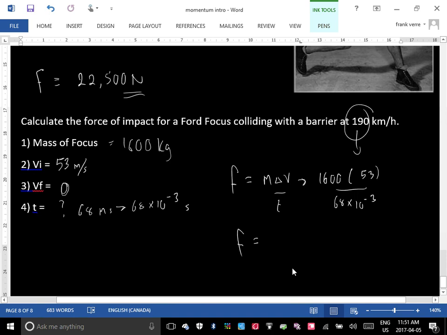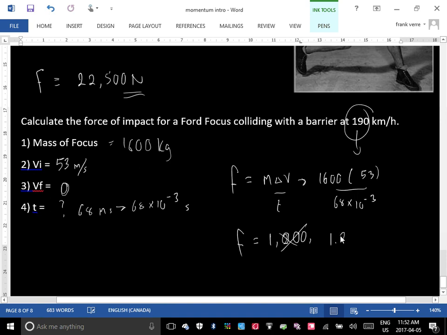Now keep in mind that about 500 newtons is enough to crush a skull, fracture a human skull. Is it 1 million? Say that again. 1.2 million?